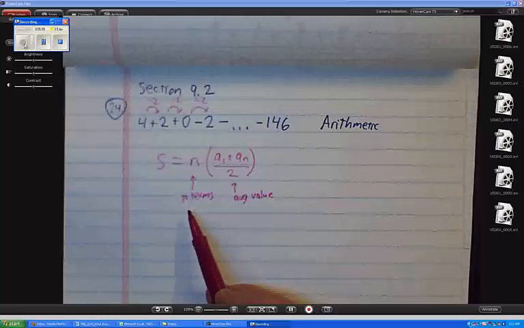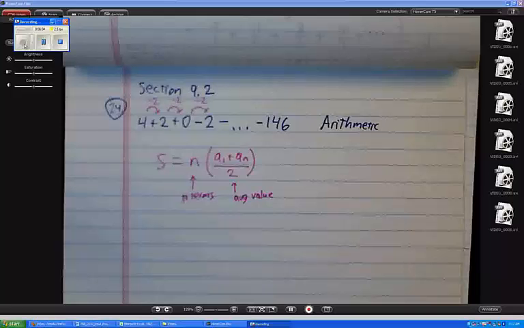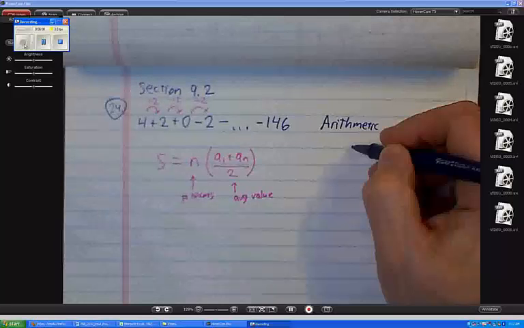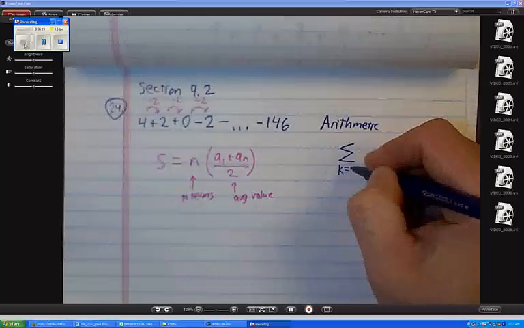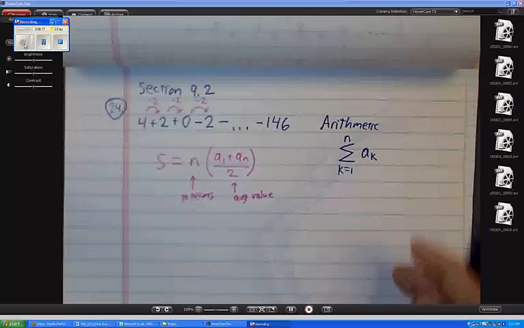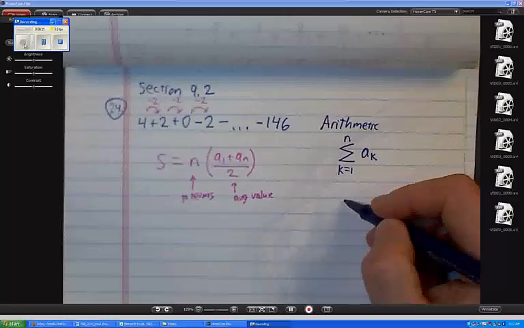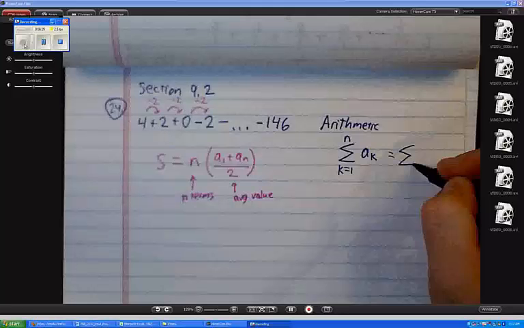Well, I guess it would help if I would try to write this with sigma notation. When you use sigma notation, you might say k equals 1 to n of a sub k. In this example, it's going to be k equals 1 to n.